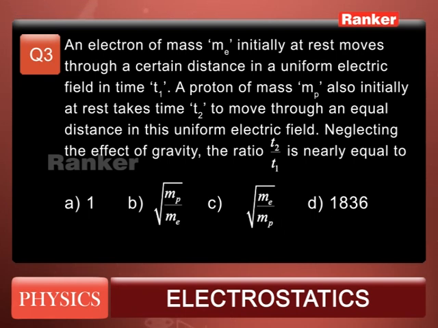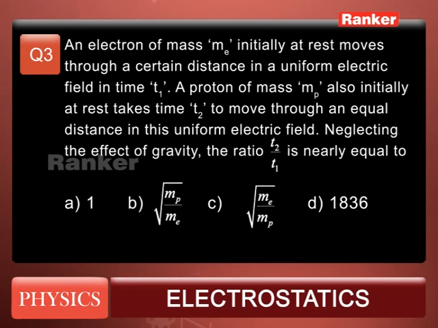A proton of mass mp, also initially at rest, takes time t2 to move through an equal distance in the same uniform electric field. Neglecting the effect of gravity, the ratio T2 by T1 is nearly equal to how much?